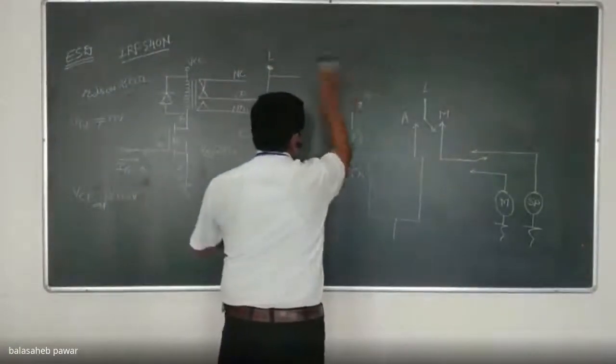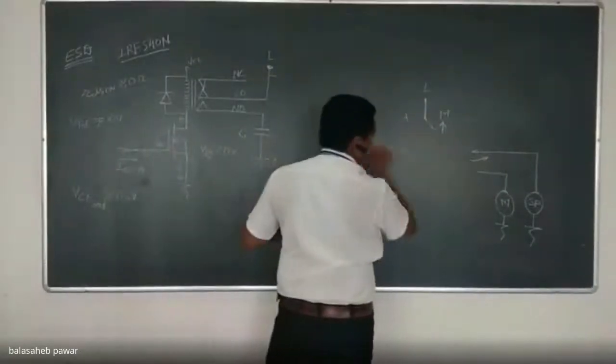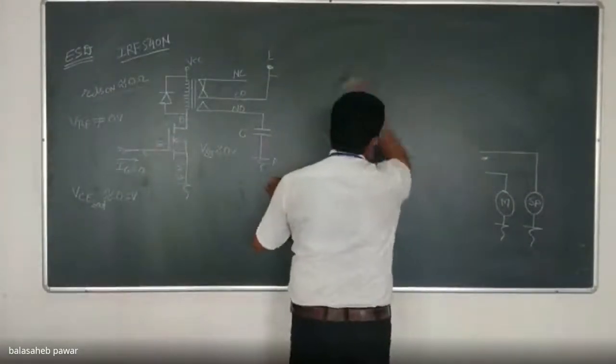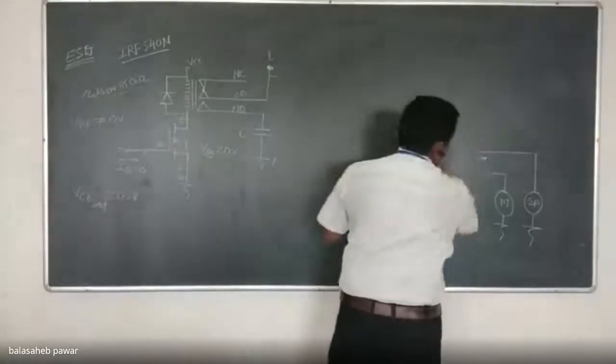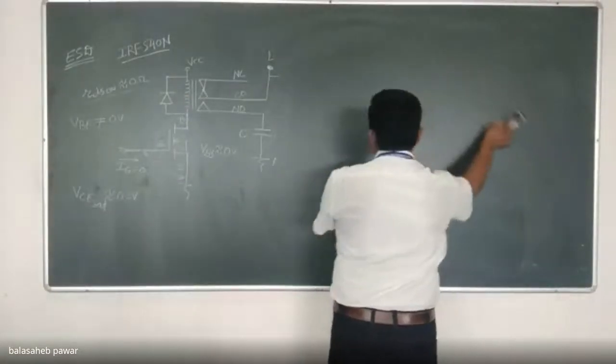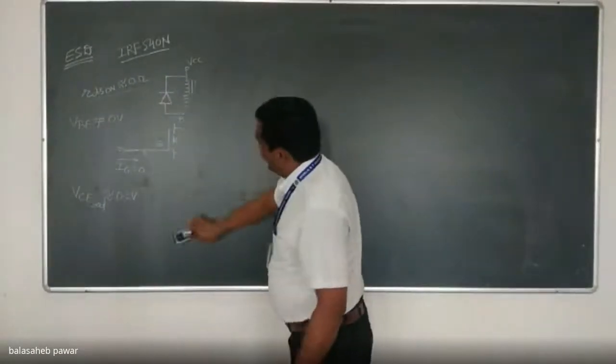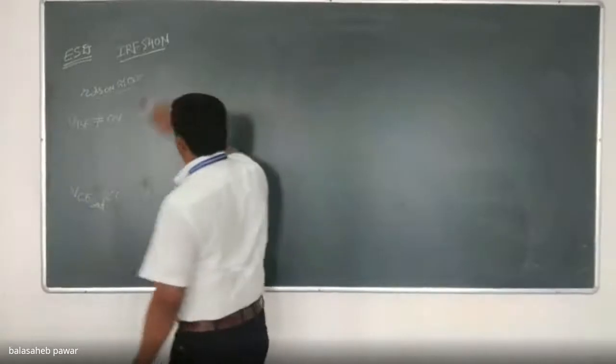Because during your examination, I can ask the complete flow chart, and then I will ask the design part. If you don't know the flow chart, that means if you don't know the concept in short, then there is no use of the remaining things. That's all.